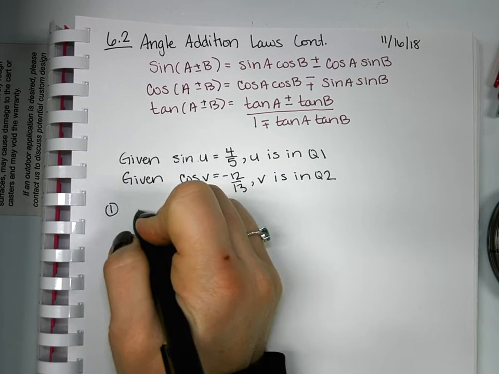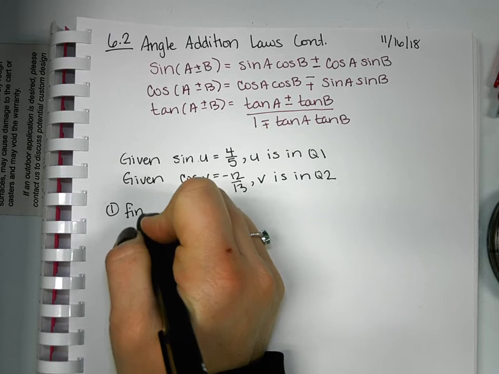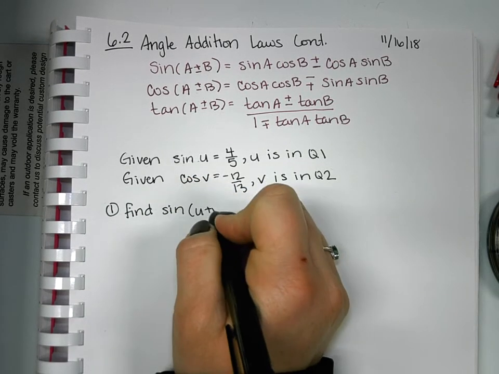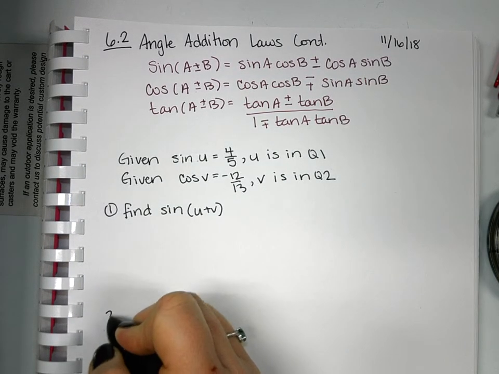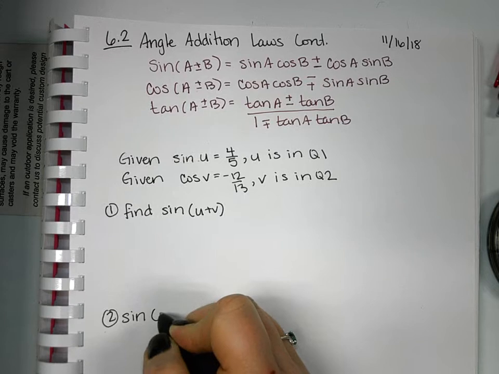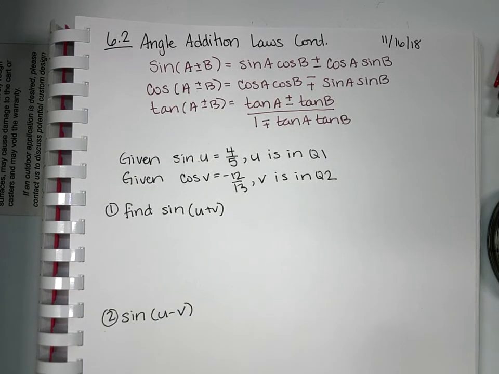We're going to be asked to find sine of U plus V, as well as sine of U minus V. So these are the two things we're going to find with this given problem.